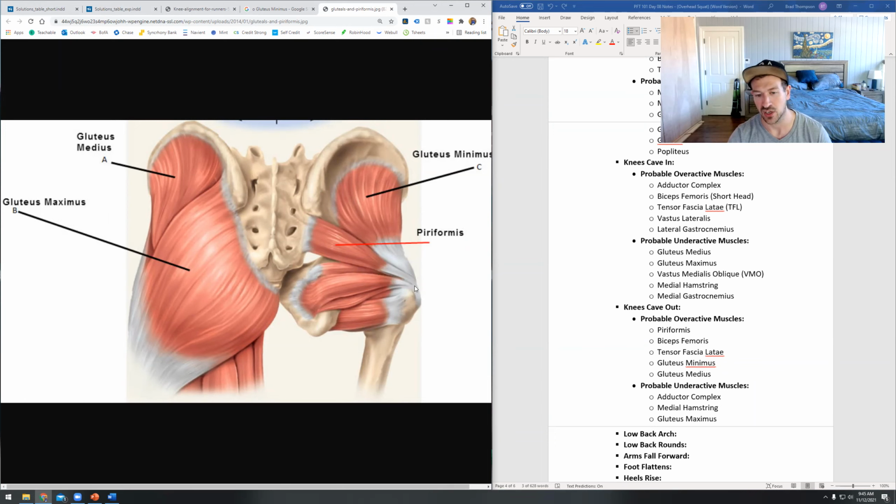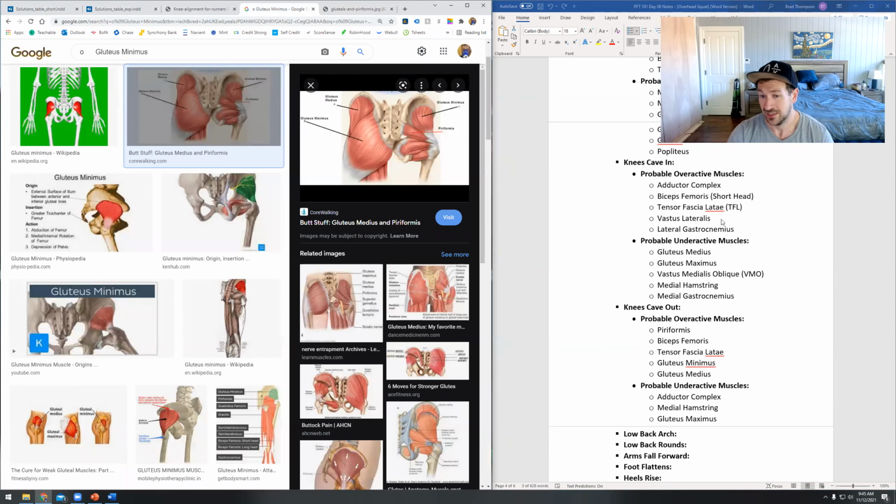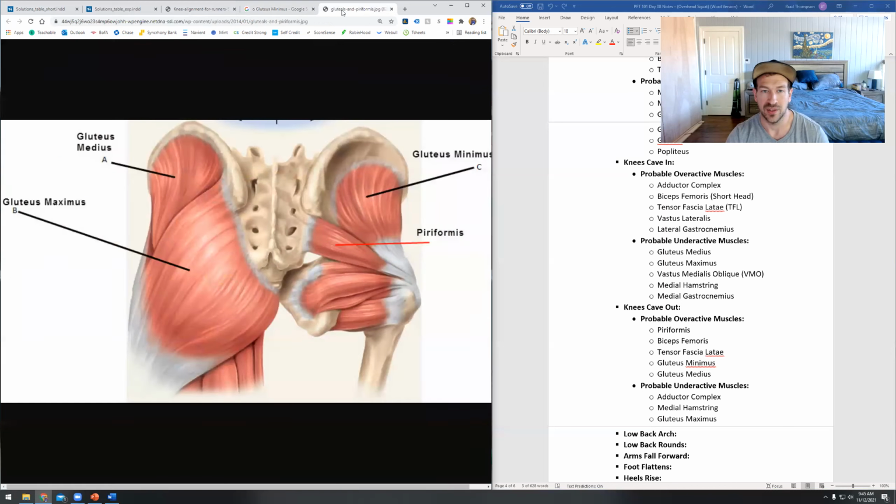The TFL will be starting over here and running over to here. And then the IT band would become the rest of that fascia there. So it's very weird to have a glute muscle that's tight. But again, that's where we are going to see a lot of people doing that foam rolling on the glute there, right? They're going to be working on getting that SMR right into that ridge of the pelvis.